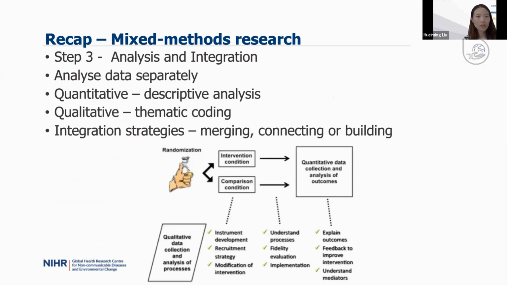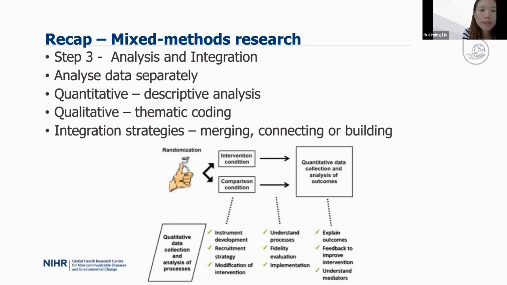So as mentioned, you can analyze the quantitative and the qualitative data separately. For the quantitative, you can just use descriptive analysis to describe the characteristics of the participants and also to describe the findings. For the qualitative data, it's mainly semantic coding, and there are different types of coding, inductive or deductive, depending on your design and also the questions that you're going to answer.